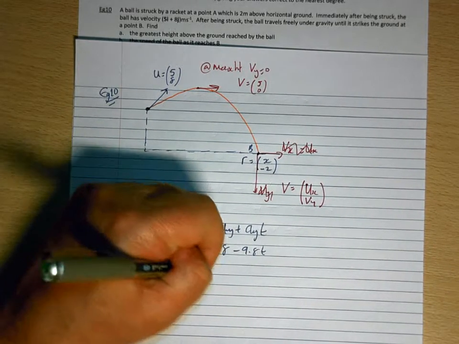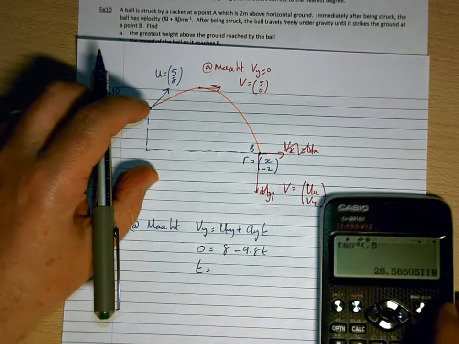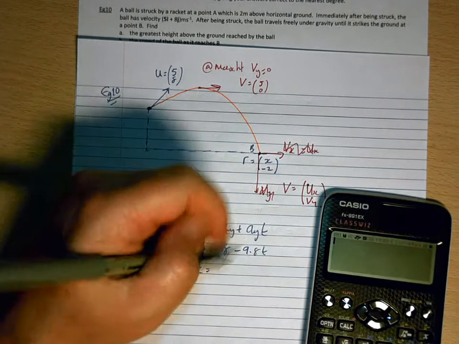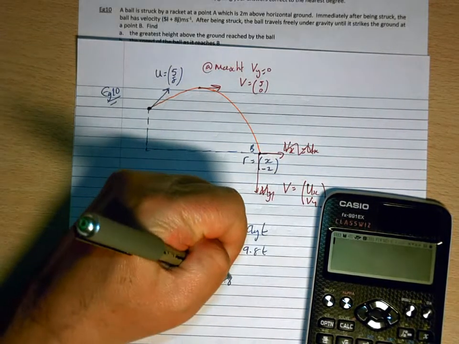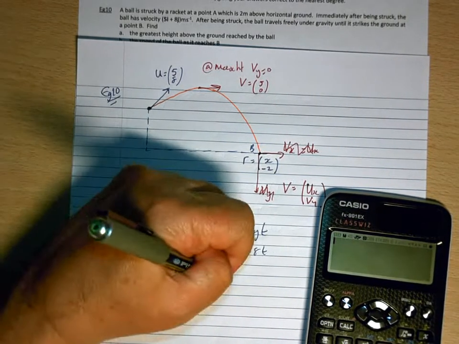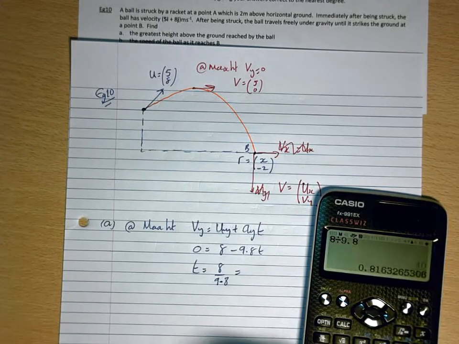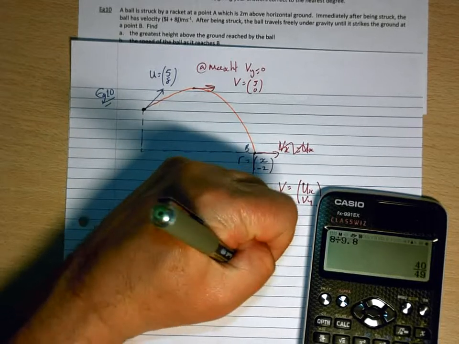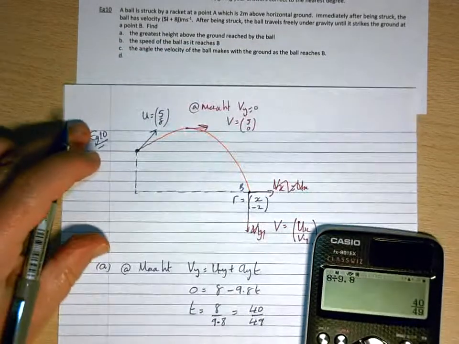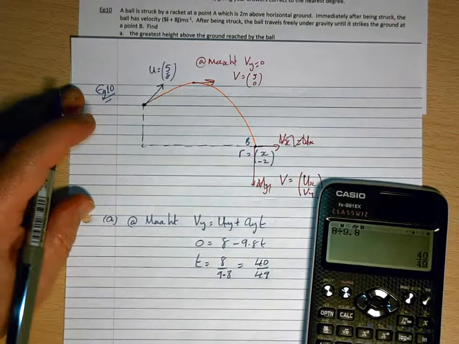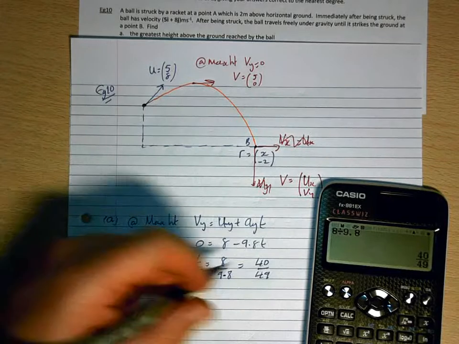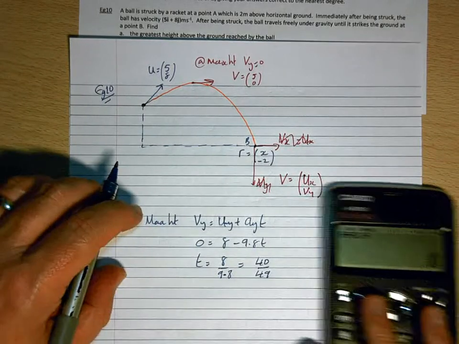So t, the time at the maximum height, is going to be 8 divided by 9.8, which is 40 over 49 as a fraction. They're not asking us for the time, so we can leave it as a fraction and use it.